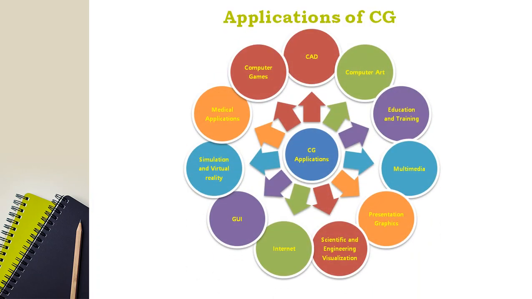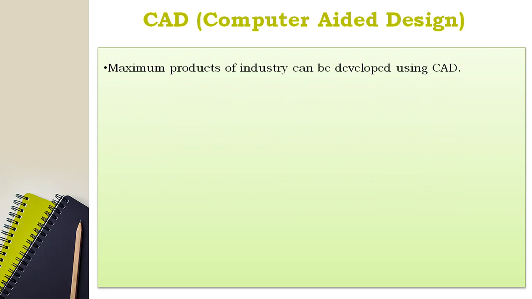Now, what are the various applications of computer graphics? There are wide applications. For example, medical applications, simulation and virtual reality, graphical user interface, internet, etc. Let us study all the contents one by one. First is CAD, that's computer aided design. Maximum products of the industry can be developed using CAD.